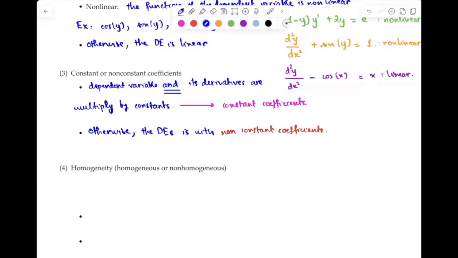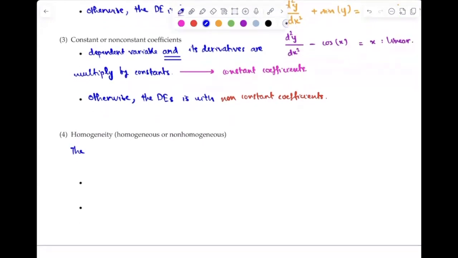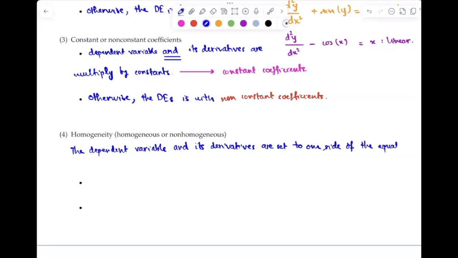For homogeneous or non-homogeneous differential equations, the dependent variable and its derivatives are set to one side of the equation, and you have 0 on the other side.